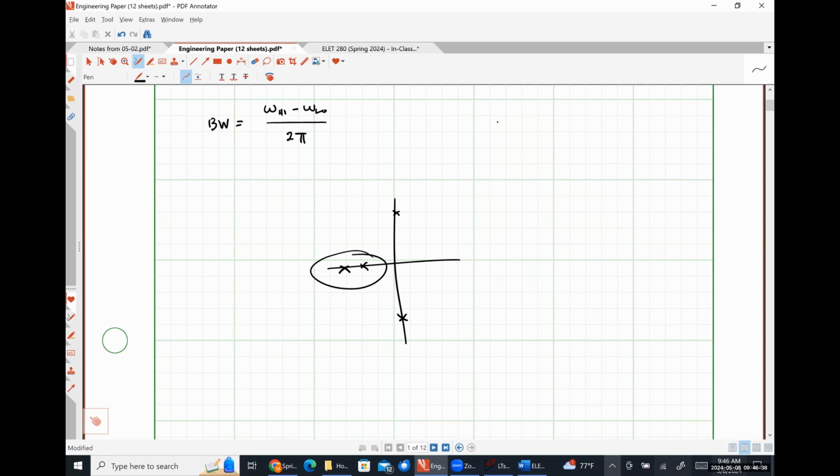I may be misremembering, but our transit frequency, FT, was GM over 2 pi times C mu plus C pi, which can be approximated as GM over 2 pi C pi. This is the relationship that I use to calculate C pi. So it's just GM over 2 pi FT.